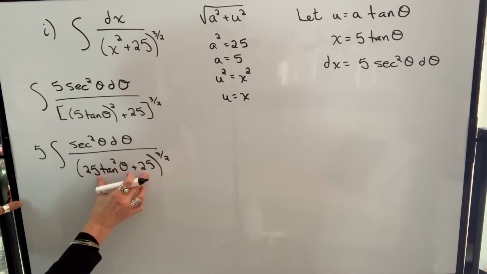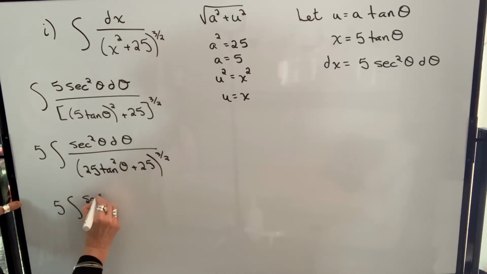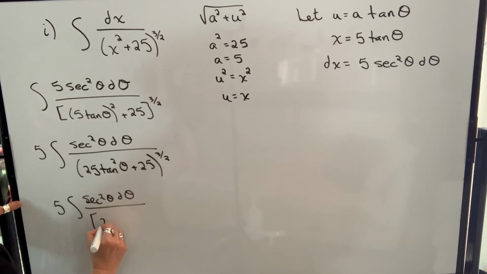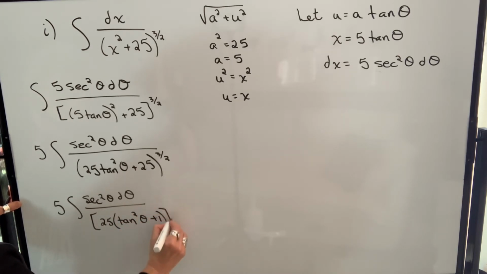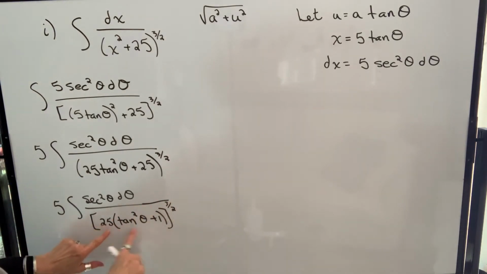Let's factor 25 out of each term. Now let's distribute that power to 25 as well as to this.